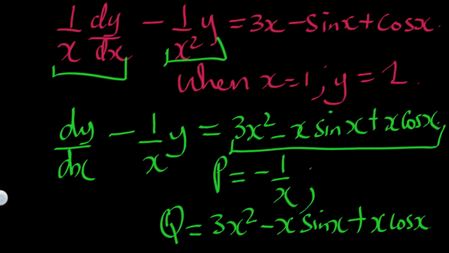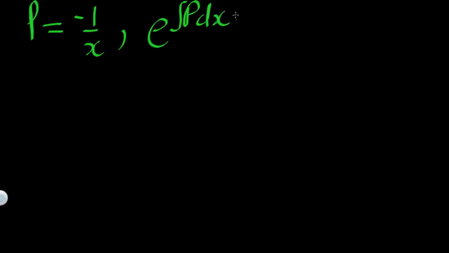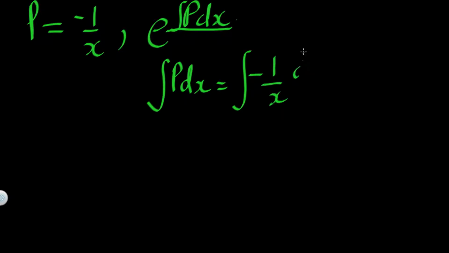I'm going now to clear the board and then write this clearly. I have P equals minus 1/x. But if we look at our solution formula, we have this term written as e to the power of the integration of P dx. Let me find this first, the integration of P dx. So if I integrate P dx, it means I'm integrating minus 1/x dx.